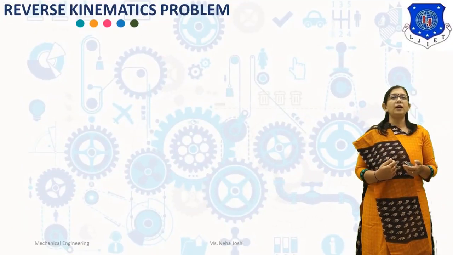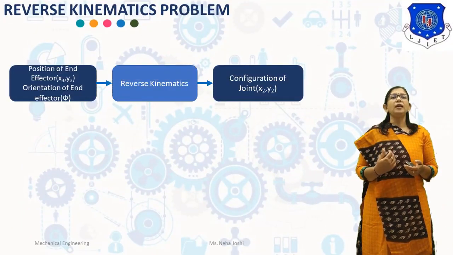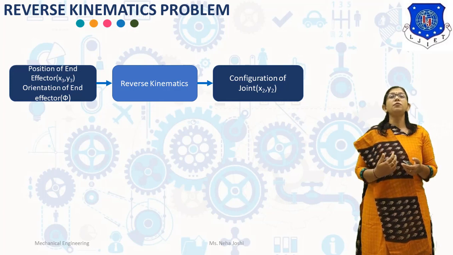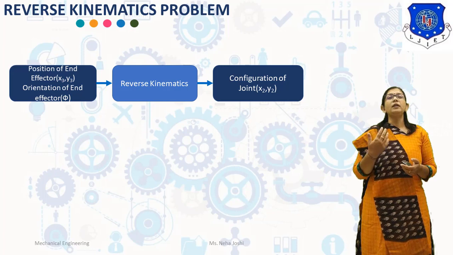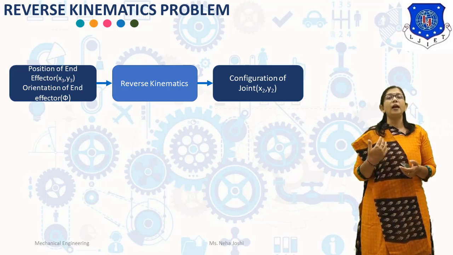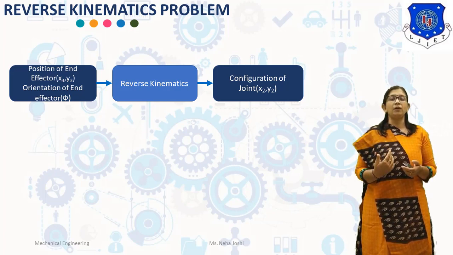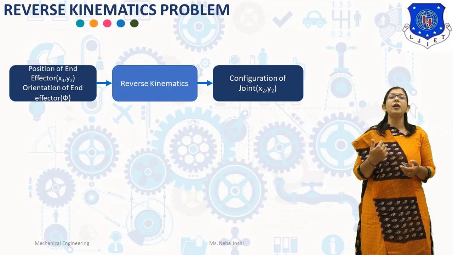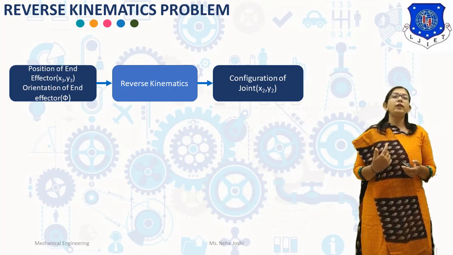Now what is reverse kinematic problem? In reverse kinematic problem, the configuration of the joint x1, y1 and x2, y2 and the joint angle theta 1, theta 2 and theta 3 are determined from the known parameters. First parameter is position of the end effector, that is x3, y3 and the orientation of the end effector, that is phi.